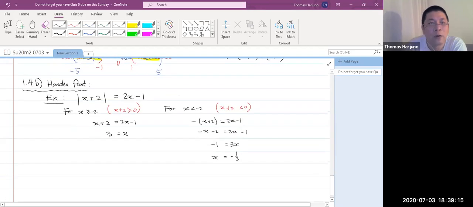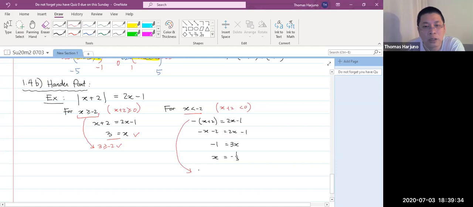But don't forget, we also need to check. Is x greater than or equal to negative 2? Is the answer 3 greater than or equal to negative 2? That's true. So this solution checks. While the one here, x less than negative 2, is negative 1/3 less than negative 2? That's not true. So I have to cross it out. So the final answer is x equals 3.